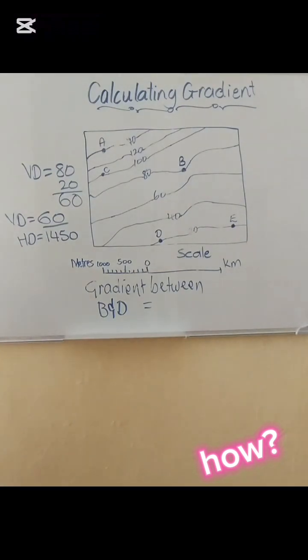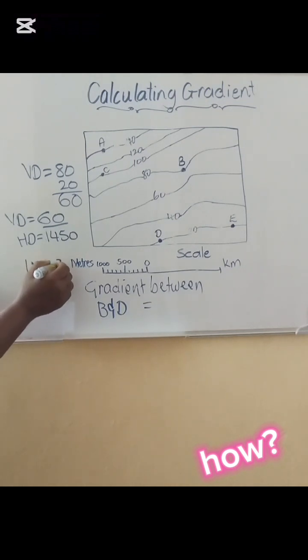Okay, get a calculator, divide it, and let's work it out to the lowest and do the ratio. So to get the fraction, we divide by 10, divide 60 by 10, divide 1400 by 10, and we end up with 6 over 145, and then we divide both sides by 6, and we would end up with 1 to 24.7.